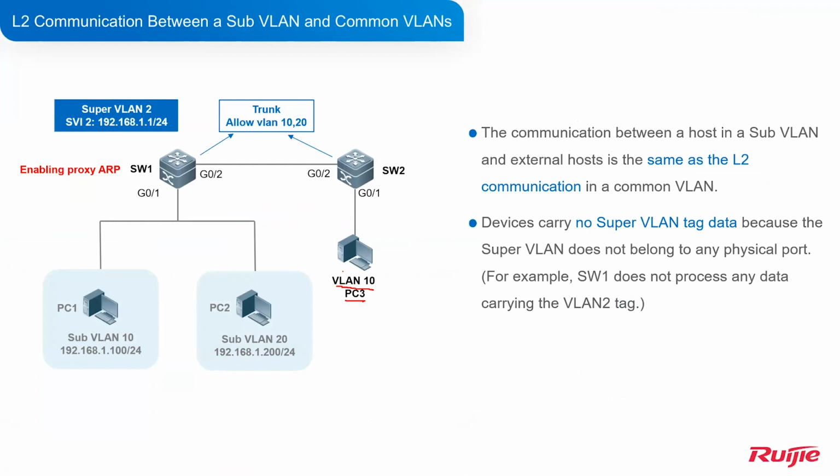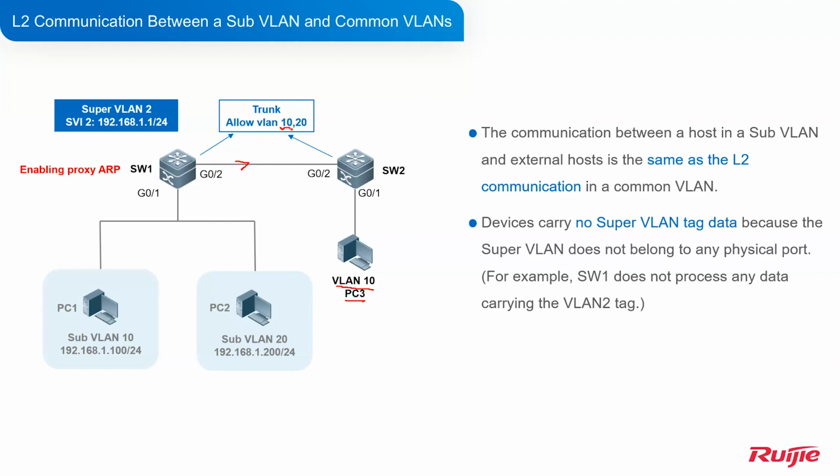PC2 will send the packet to SW1, and SW1 will check the trunk link. You can see the trunk link between SW1 and SW2. Since VLAN 10 is allowed, the traffic is allowed to be forwarded from SW1 to SW2.